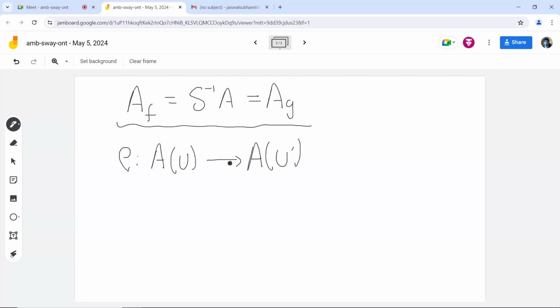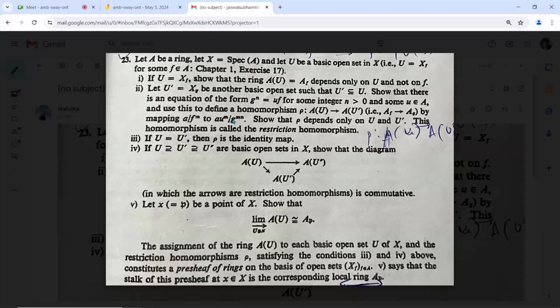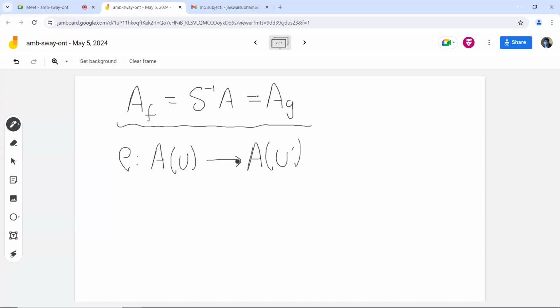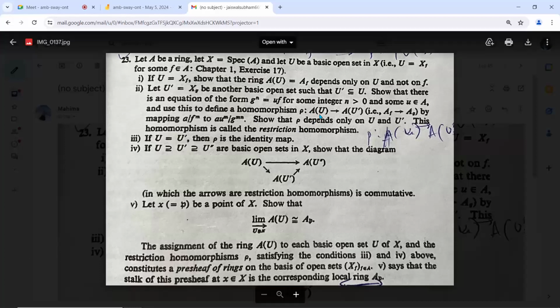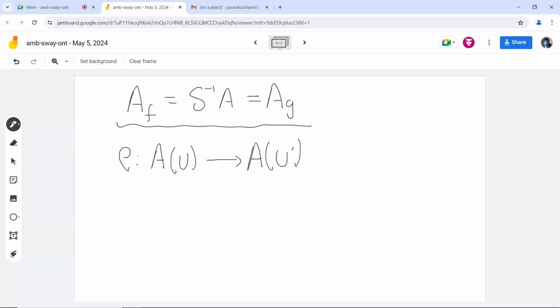It is based on the fact that G inverts more things, right? When you localize with respect to G, then F also gets inverted. That is the meaning. But now let's rigorously prove that this map only depends on that. Let's do the calculation.